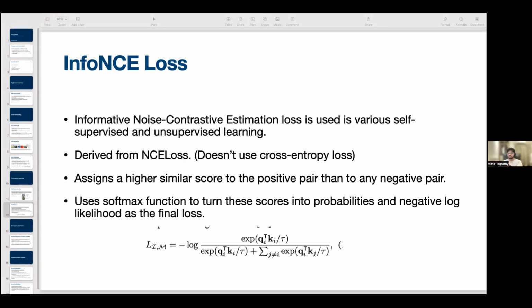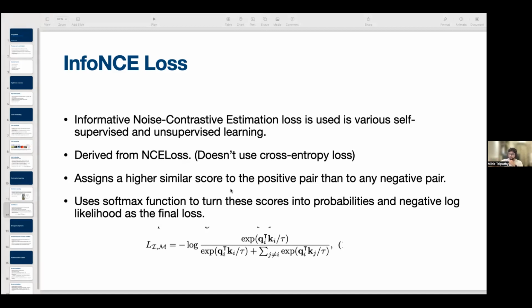Basically, if the temperature is lower, then it'll sharpen the probability curve, whereas if it is very high, then it will flatten the curve. This paper actually uses a tau of 0.07, and it has experimented a lot, which I'm going to demonstrate at the end, just from the paper.